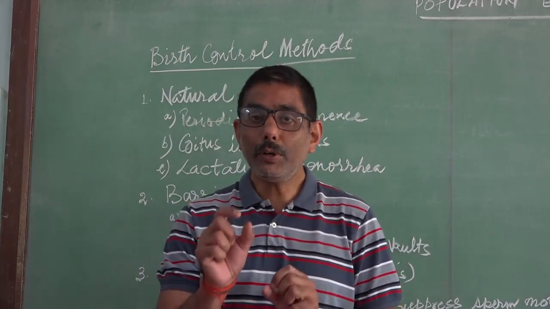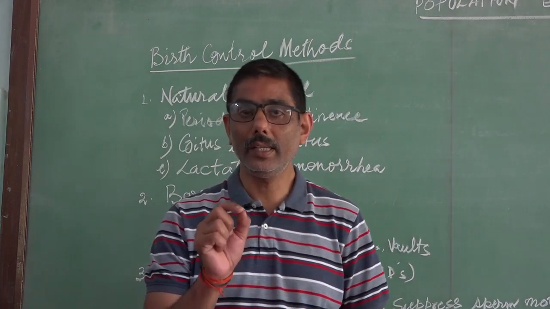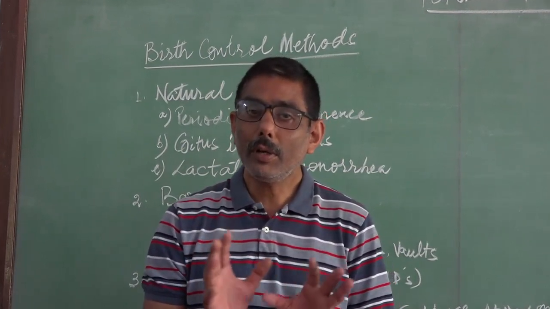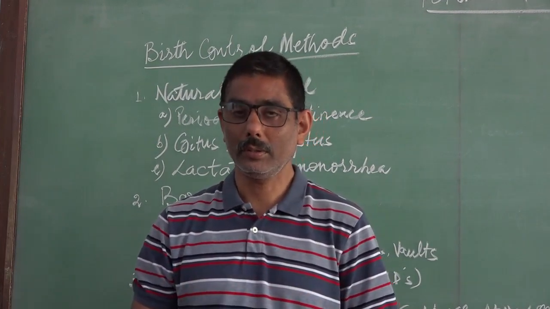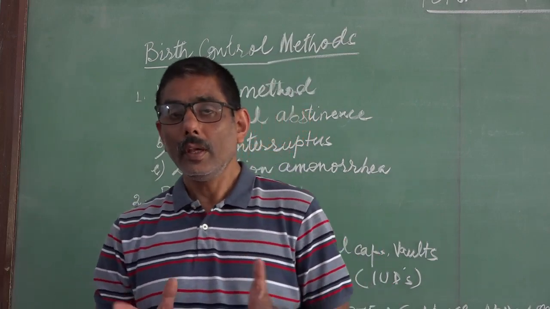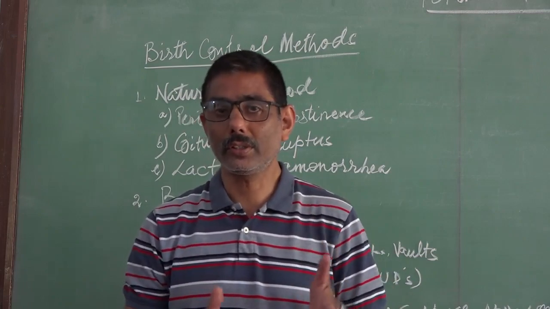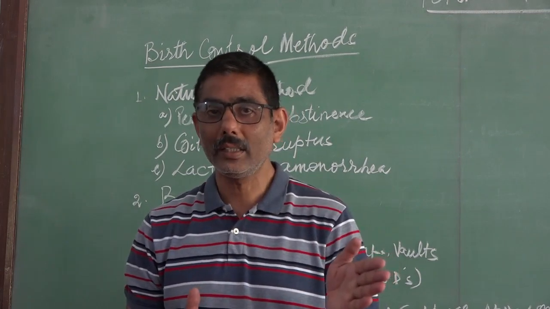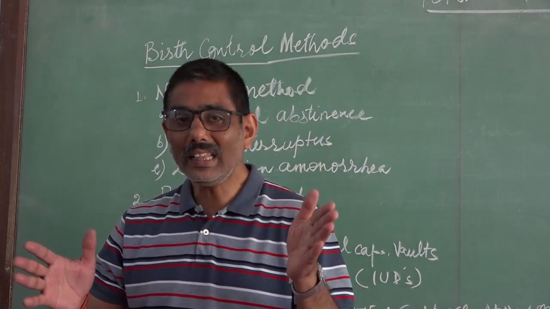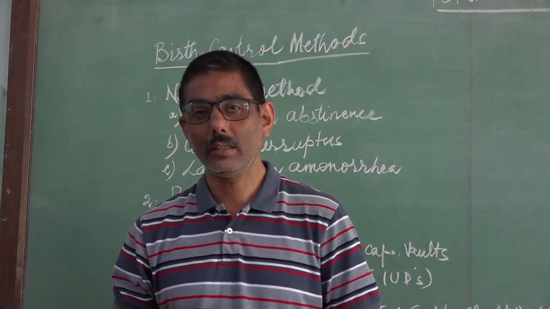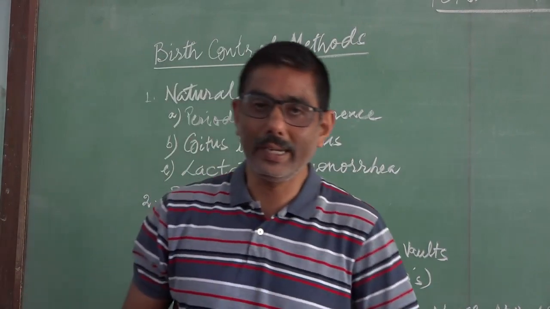If the sperm do not meet the egg in the fallopian tube at that point of time, there will be no conception. So, if the sexual intercourse or the coitus does not take place between the 10th to the 15th day of the menstrual cycle, then there will be no pregnancy.